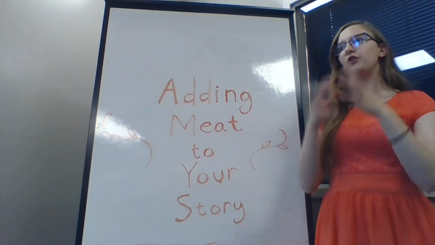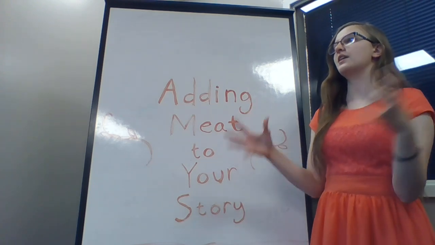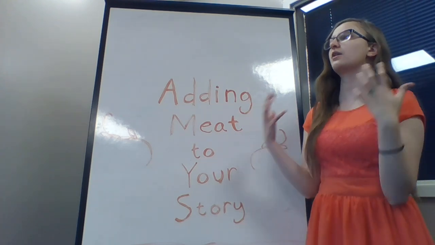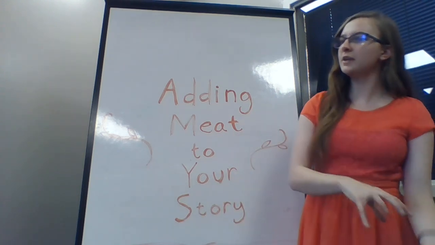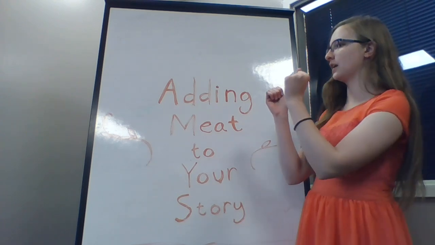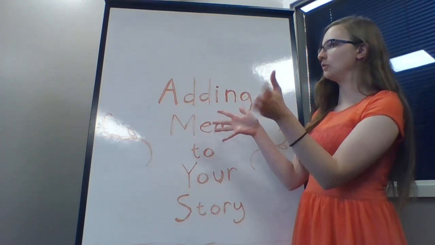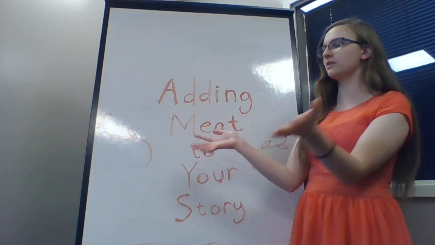It's making sure that you fully feel that the story is real and immersive in a way that is not overwhelming or overpowering. So that's the difference between meat and just a story feeling bloated and fat. We don't want our stories to be fat, we want them to be well built.